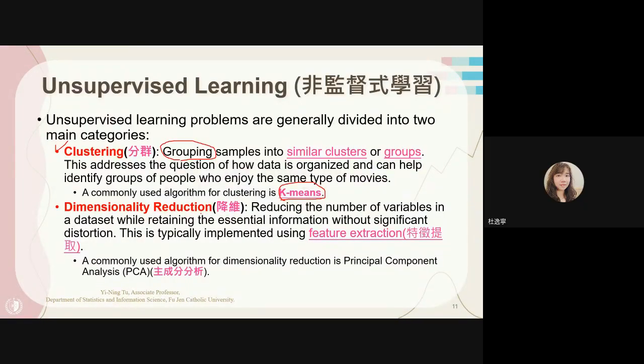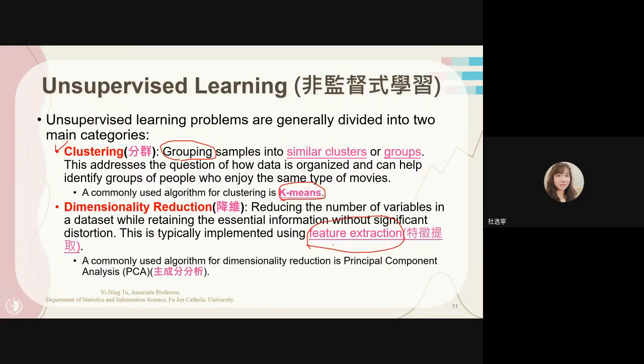algorithms for clustering. And the other very important unsupervised learning method, we call that dimensionality reduction, 降维, because reducing the number of variables in a data set while retaining the essential information without significant distortion. This typically is implemented using feature extraction. 变数的挑选或我们叫特征提取 feature extraction, because there may be a lot of attributes that are useless with our target variable, and we want to extract the most important features.